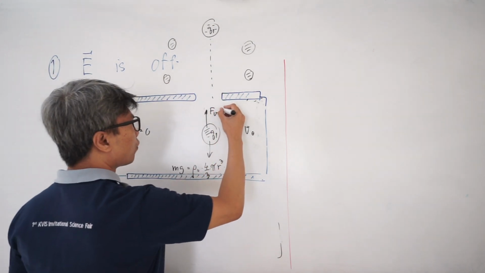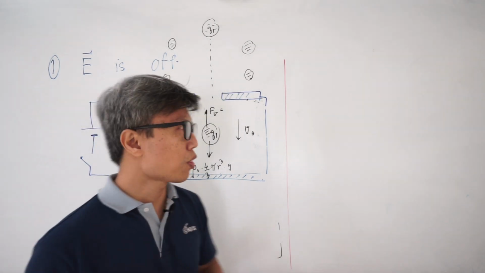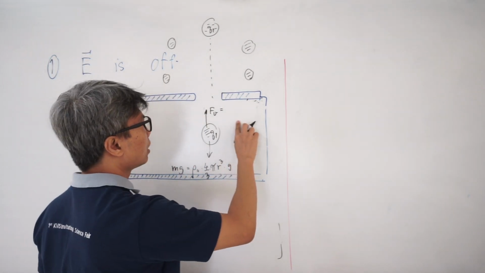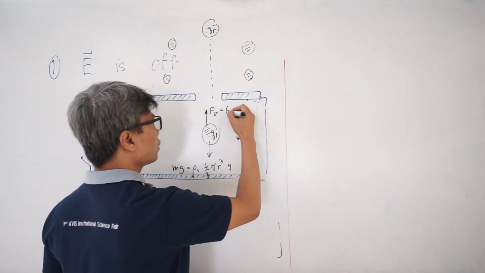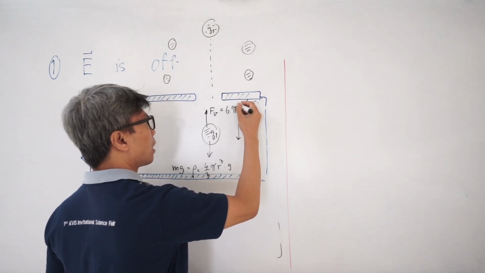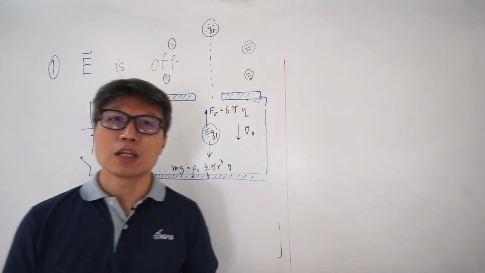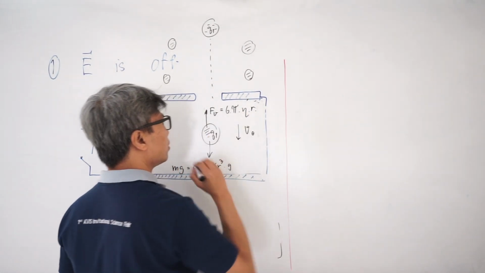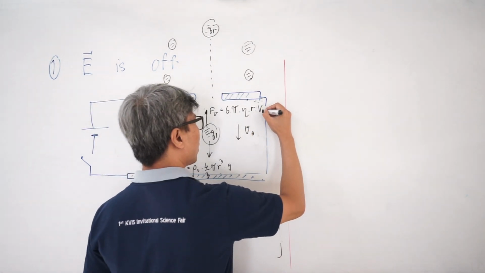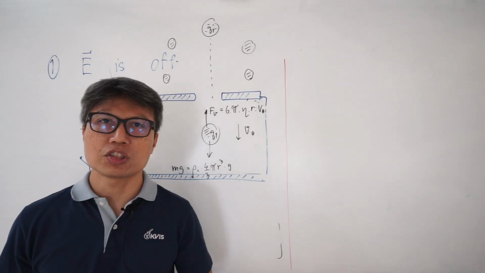If you want to calculate the viscous force, it can be written as FV equal to 6 multiplied by pi multiplied by eta. Eta is the dynamic viscosity, multiplied by the radius of the drop and multiplied by V0.